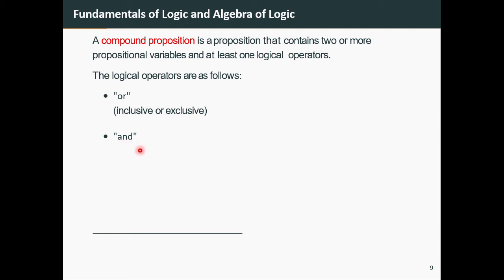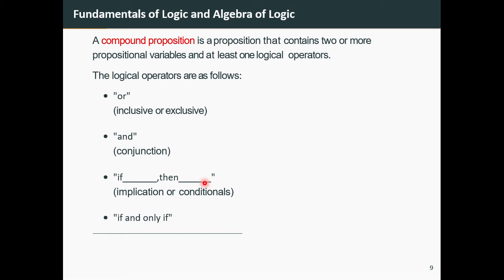Another term for this is conjunction. Next one is if-then, which we can also call implication or conditionals. And finally, we have the if and only if, which is also called biconditionals.